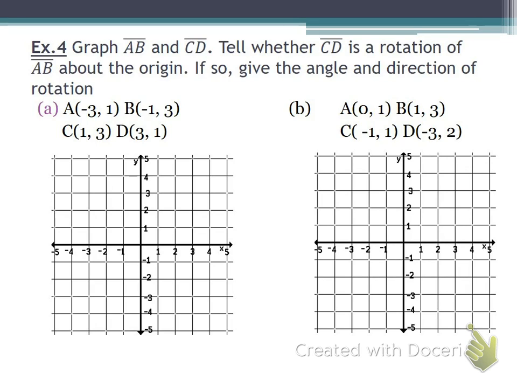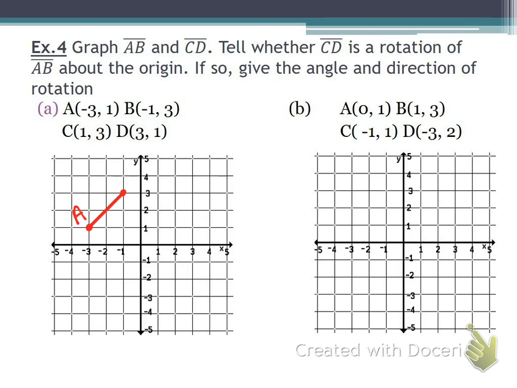Graph segments AB and CD. Tell whether CD is a rotation of AB about the origin. If so, give the angle and direction of rotation. Okay, so lots to do here. First, let's graph AB and CD. So AB is at (-3, 1) and (-1, 3).